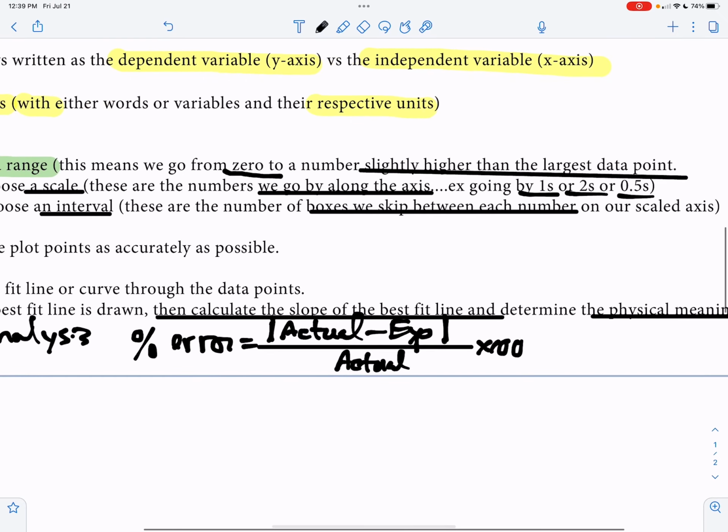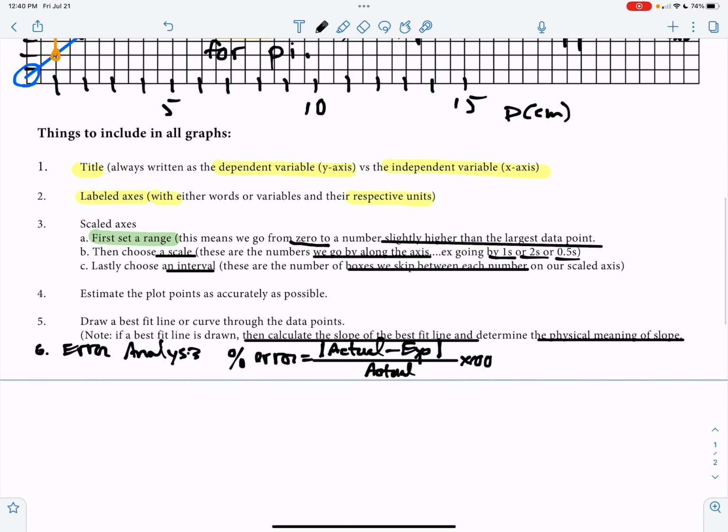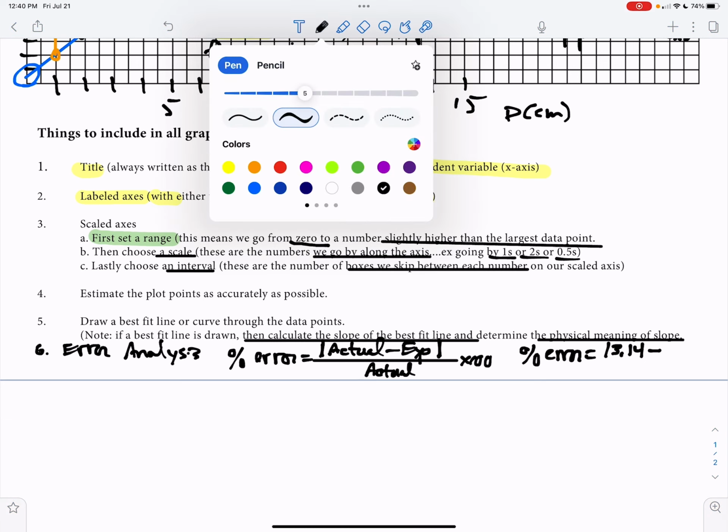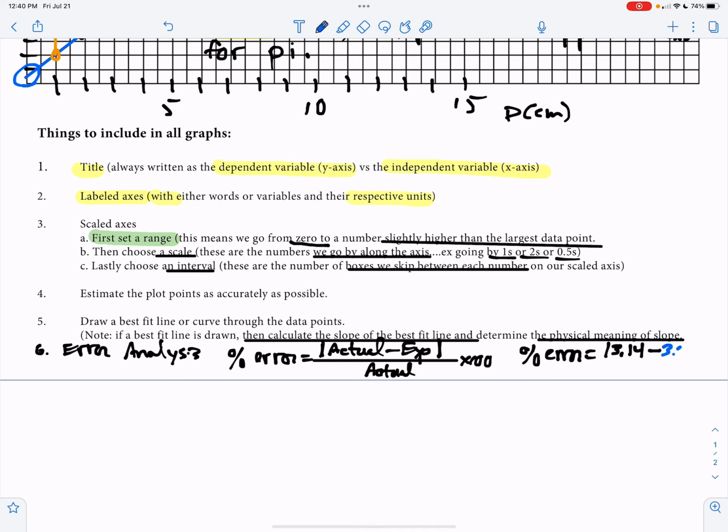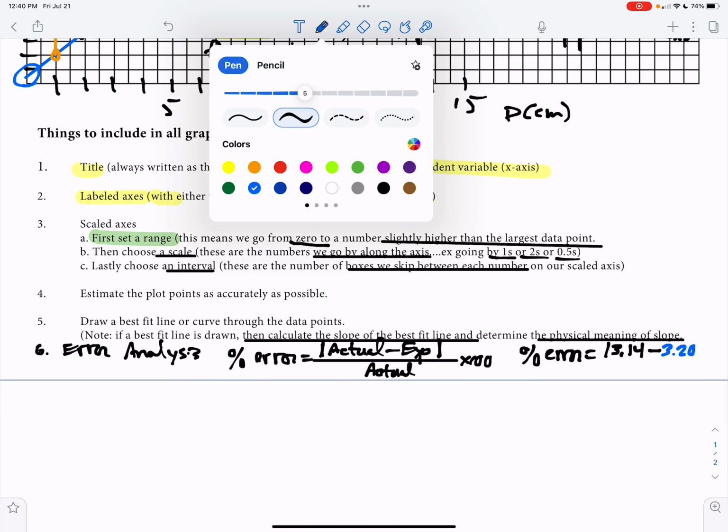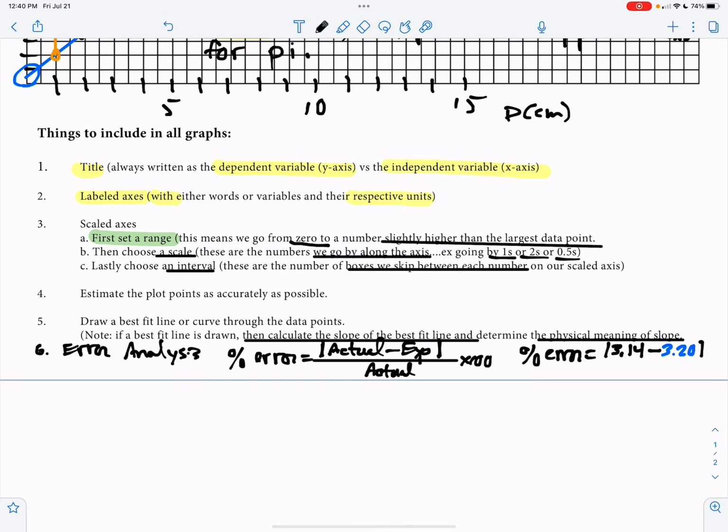times 100. So if we do my example here, my percent error would be the actual value of pi, which is estimated 3.14 to 3 digits, minus my value, which I got 3.2. Okay. Subtract those two and make it positive. Absolute value bars make it positive.